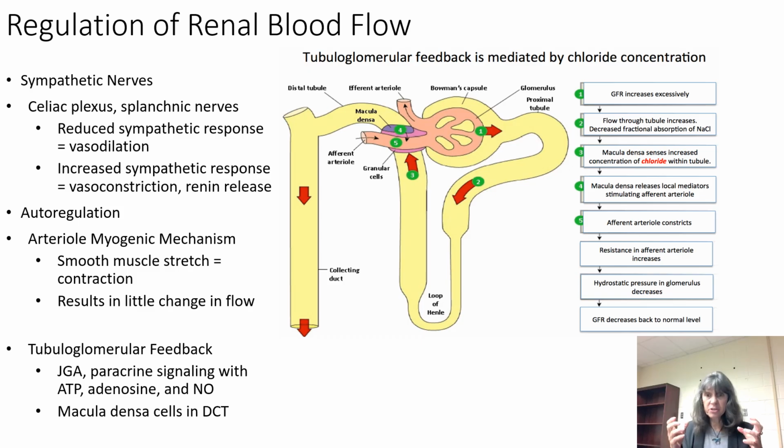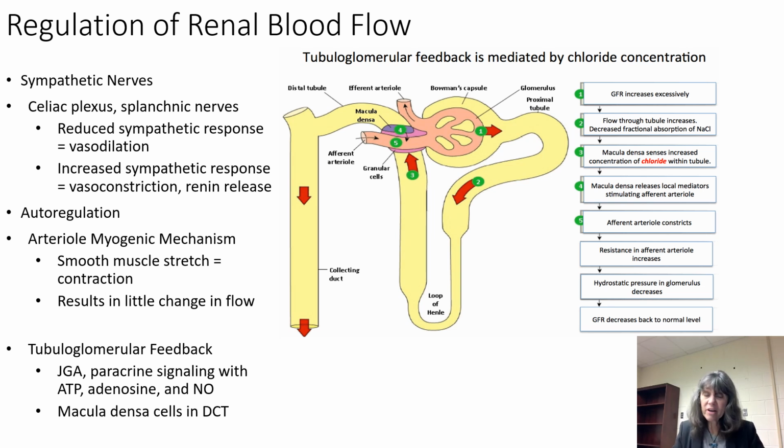So not only do we have vasoconstriction throughout the entire body with sympathetic nervous system responses, with the exception of skeletal muscle because we need to be able to run away, but in terms of other organs, we're going to have vasoconstriction. It also is going to affect the kidneys.